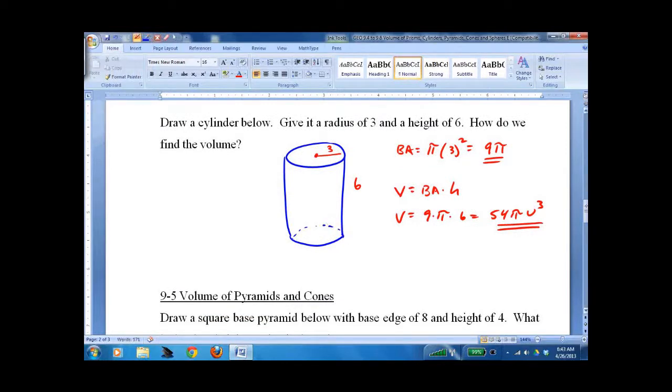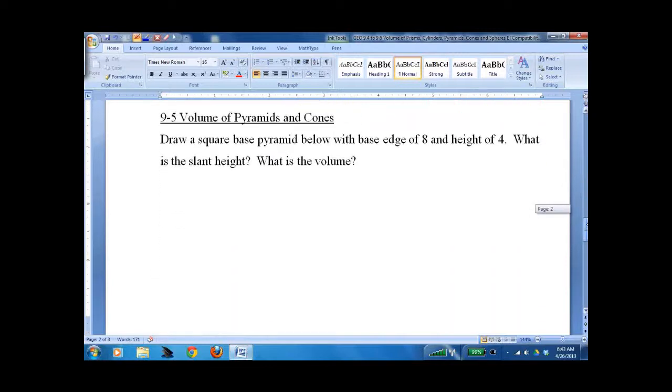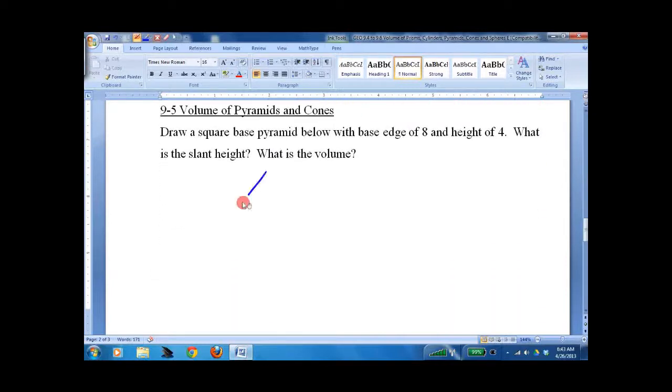Now we just keep rolling right forward. We've got volume of pyramids and cone. So make our square pyramid. And I meant to make a height of 3 here, so we'll fix that.